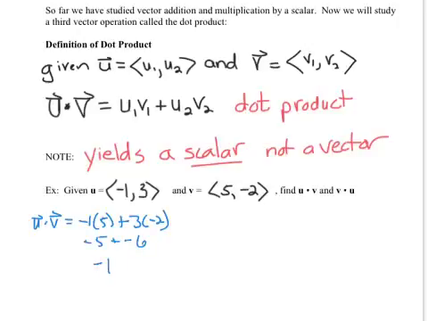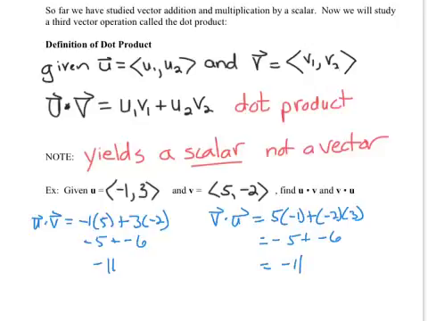Looks like that's going to be -11. Well, v dot u, let's see what this is. V dot u is the same thing, really. It's going to be 5 times -1 plus -2 times 3. So -5 plus -6, and it's -11.